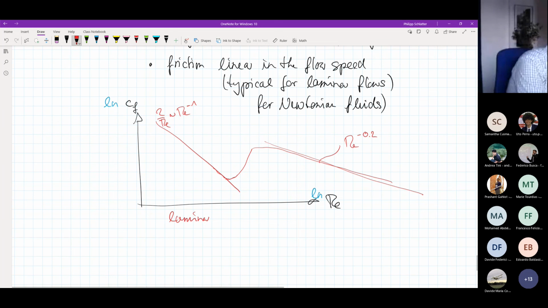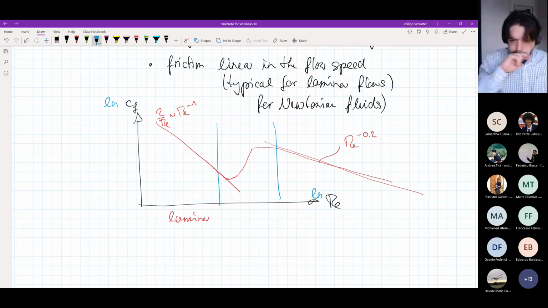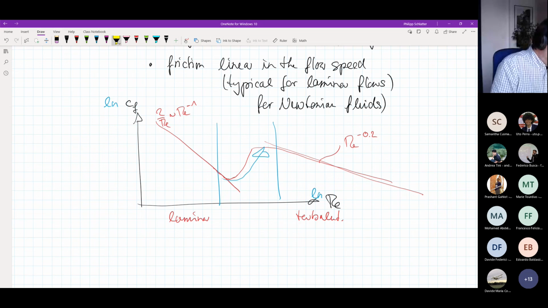So the slope is less. And in this region here, when I go from laminar to turbulent, I would actually go up in terms of friction factor. So this would be turbulent here. But of course, the reason why I'm saying this was a trick question, or a bad question, is that the friction factor here is lower than, is larger than here.